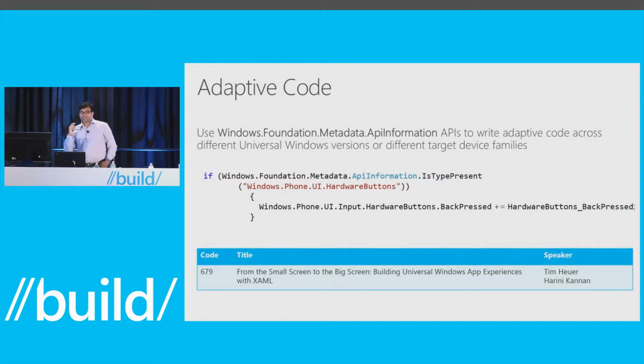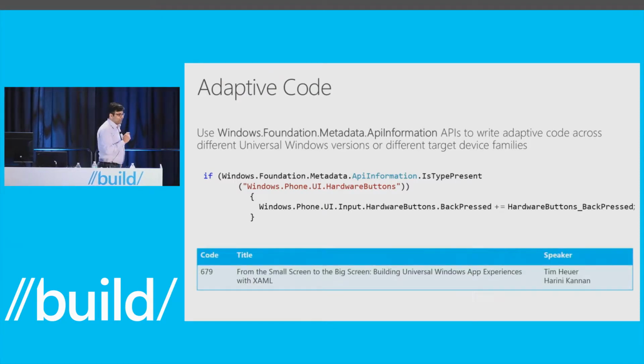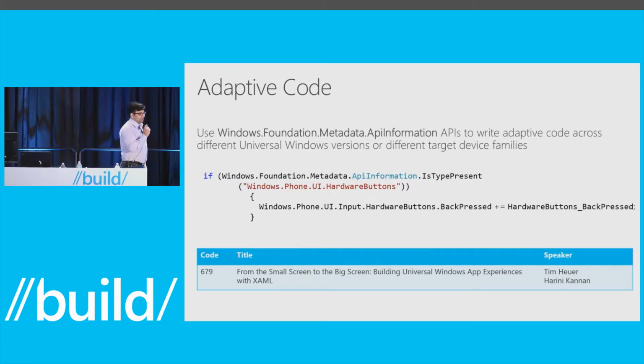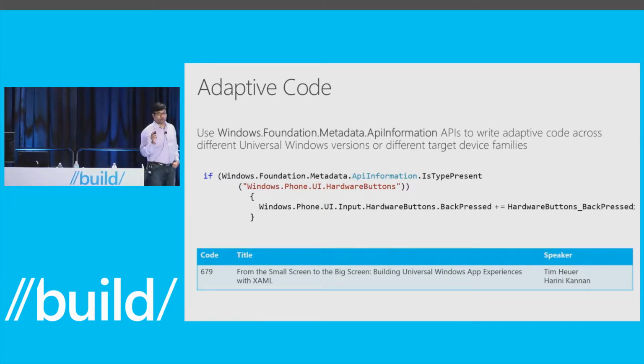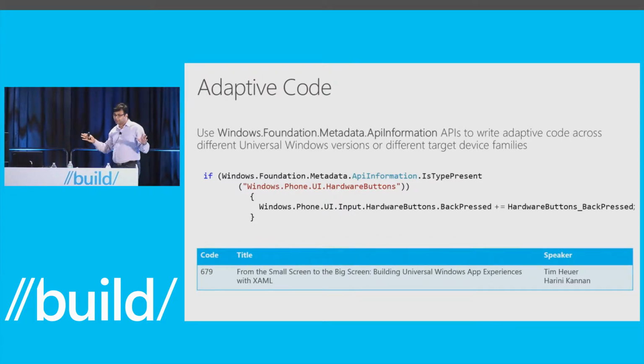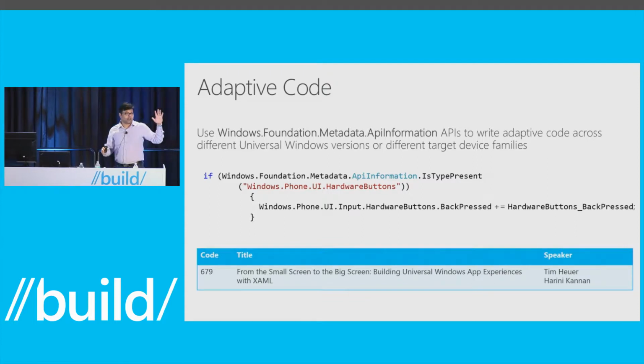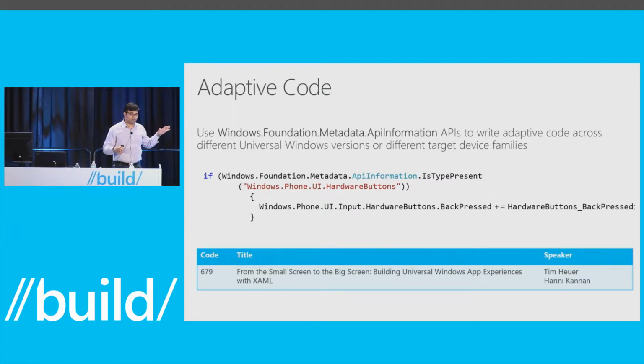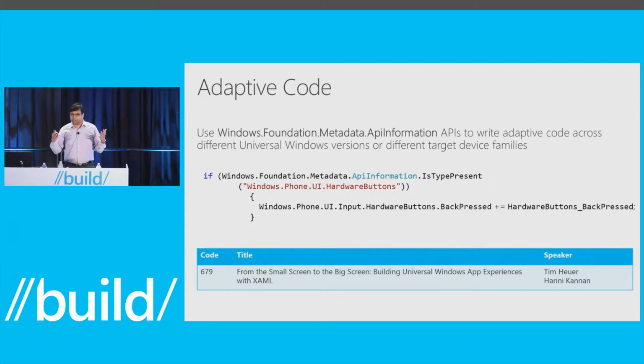I'm not going to talk about the adaptive UI, but the XAML team has done a lot of cool work to allow you to design the UI of your application based on different form factors. Tim Hewer and Harini are going to do a deep dive on this tomorrow, and they will explain how we should think about all these devices and form factors, and what the different ways in XAML are.